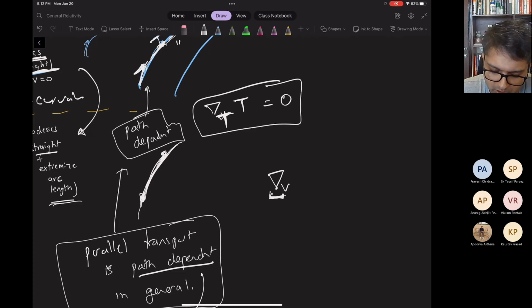Okay, so along an infinitesimal path by... yeah, this is a good point.